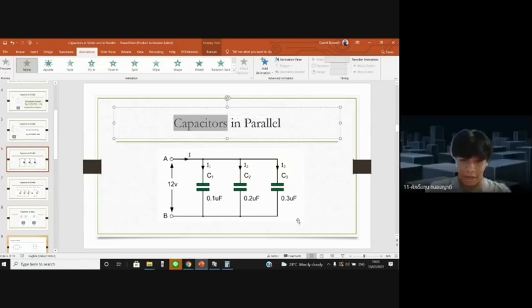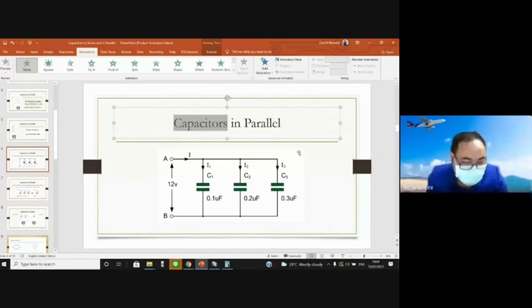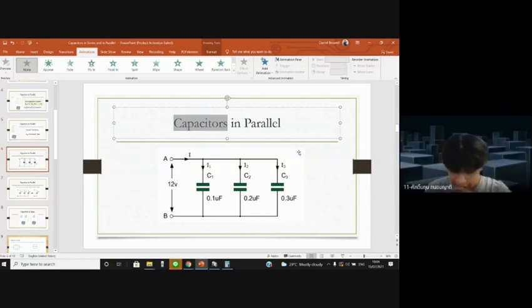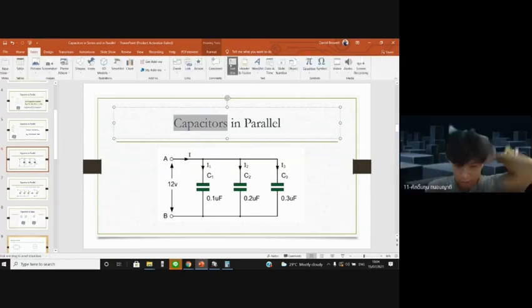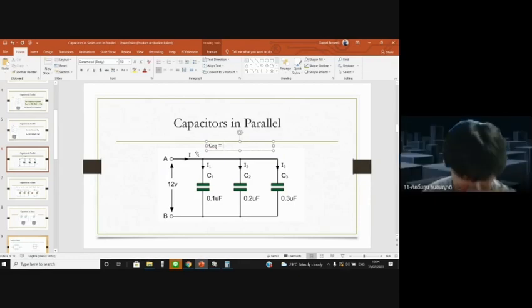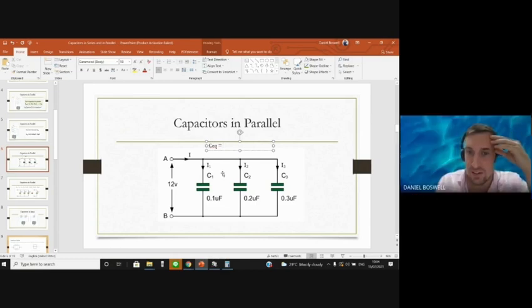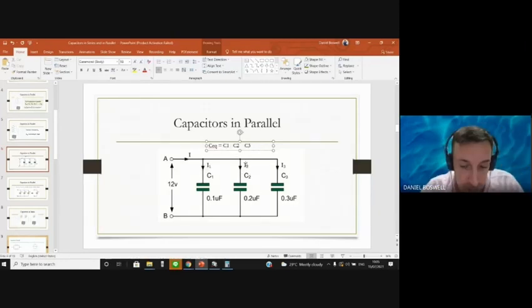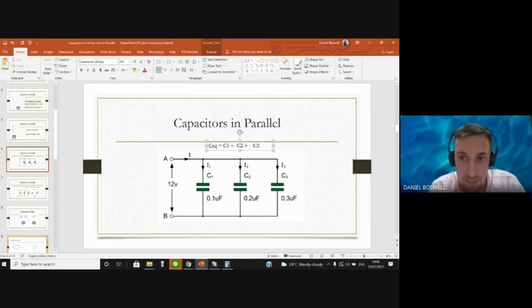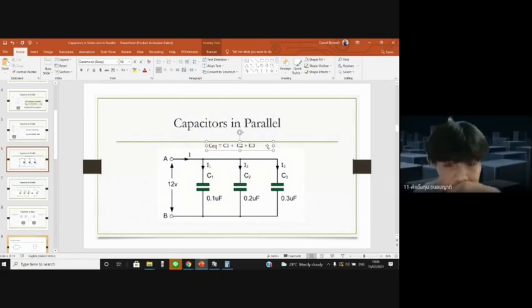This is the test if he was listening. Okay, so what do we do with C1, C2, and C3?